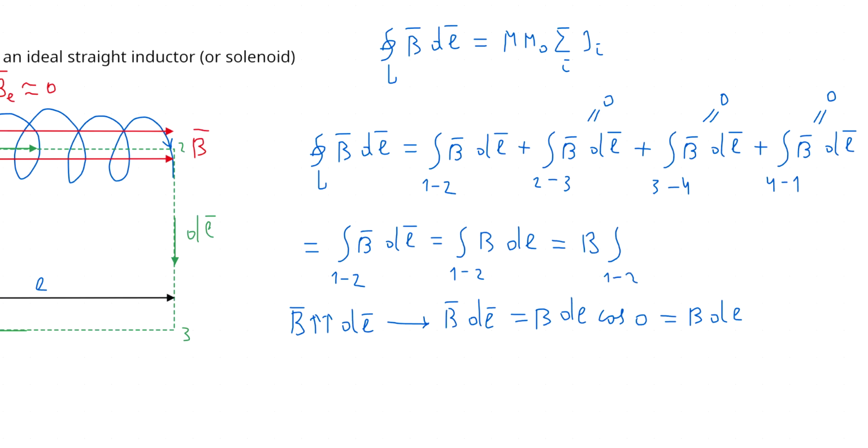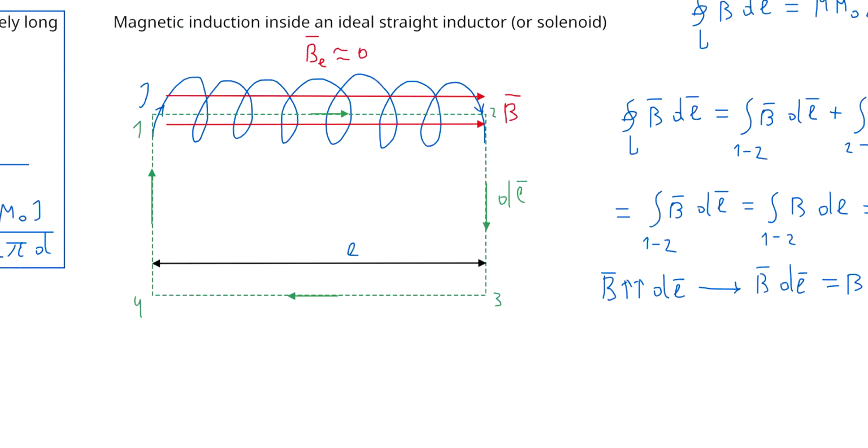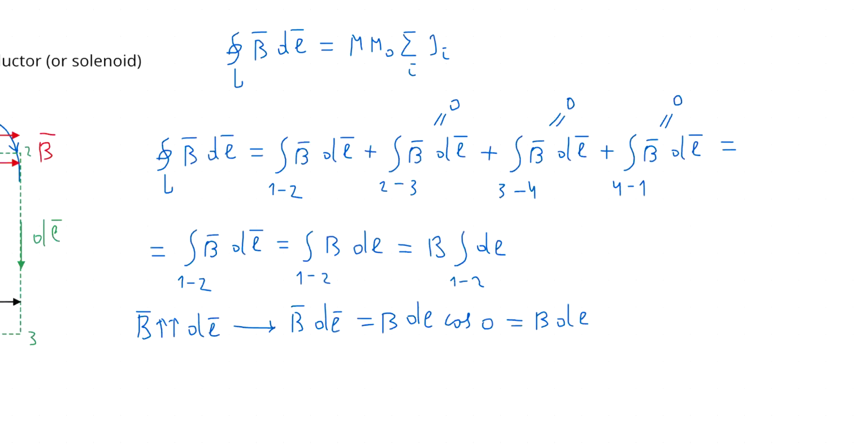And the sum of all elements dl will be equal to this distance. So it will be B multiplied by L.